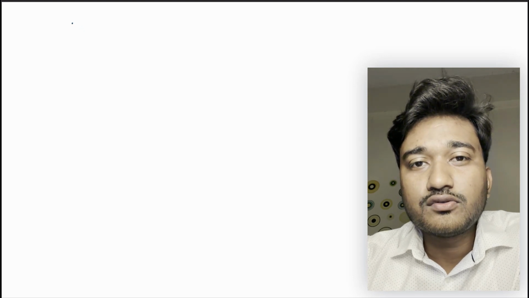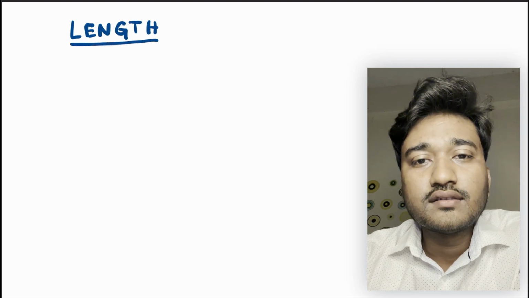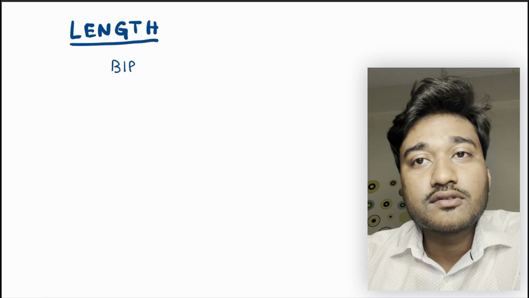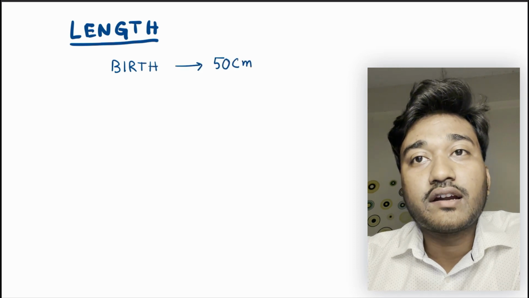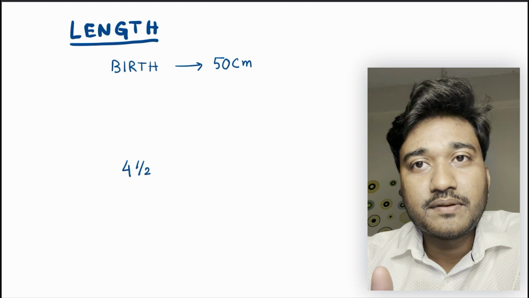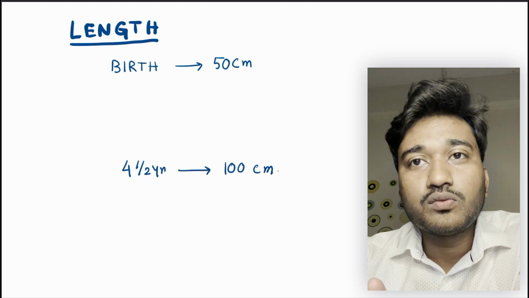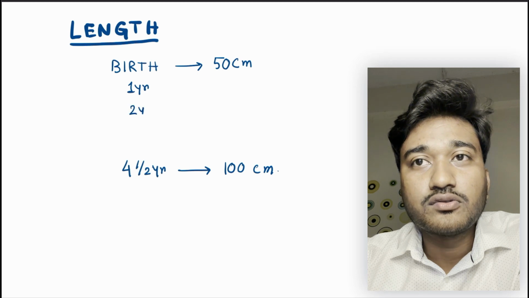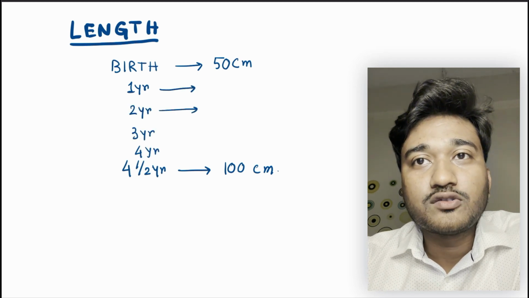Now let's talk about the normal length parameters. You can measure the length, but the normal length you should know. At birth it is 50 centimeter. Just remember, at 4.5 years of age, the length becomes double, that is 100 centimeter. At 1 year, 2 year, 3 year and 4 year: to 50 you must add half of 50, that is 25.